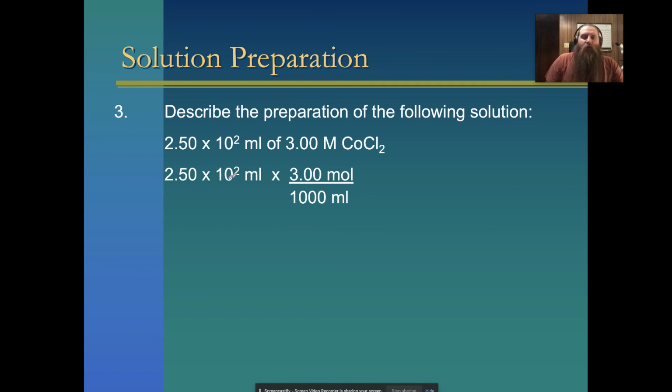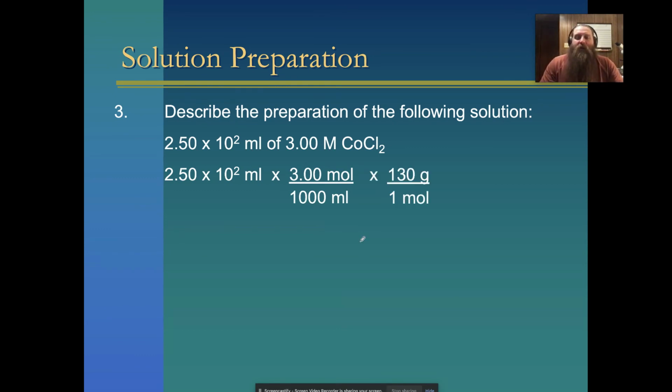So I do 2.5 times 10 to the 2 divided by, right, I put my bracket here, 1,000 milliliters on the bottom. That's going to give me my liter conversion. And I know that I'm going to be multiplying that by molarity to get moles. So I just put the 3 moles on top.